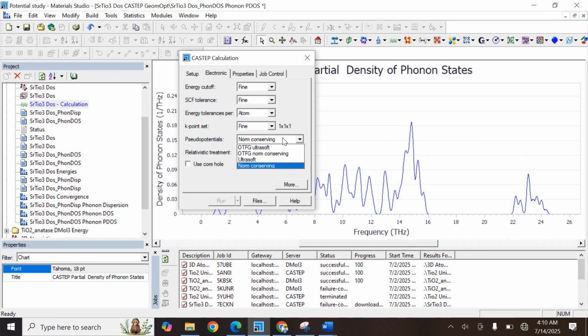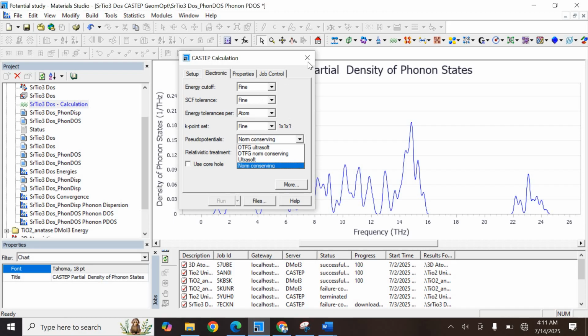For k-point sampling, I used a 2 by 2 grid. Here it shows 1 by 1 by 1 because the calculation is already done. Sometimes the parameters get changed once the calculation has been completed. So a 2 by 2 grid is acceptable for this type of material and calculation.